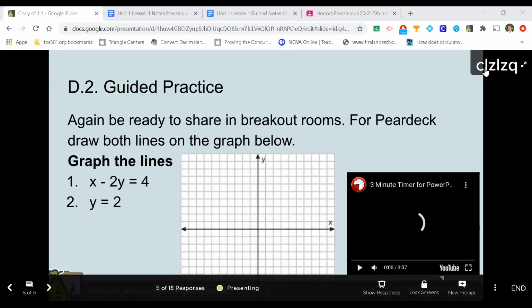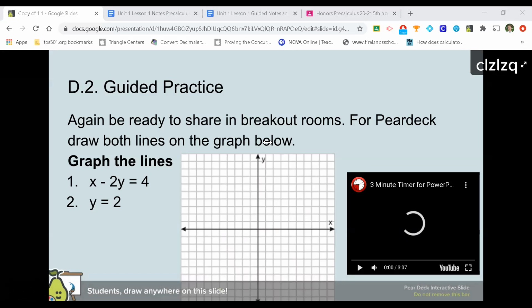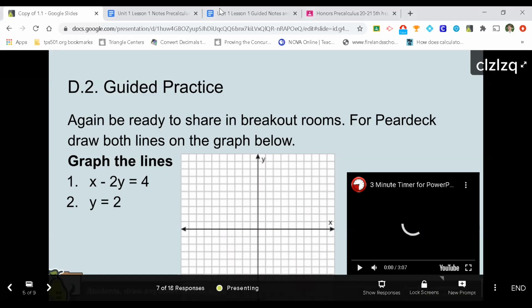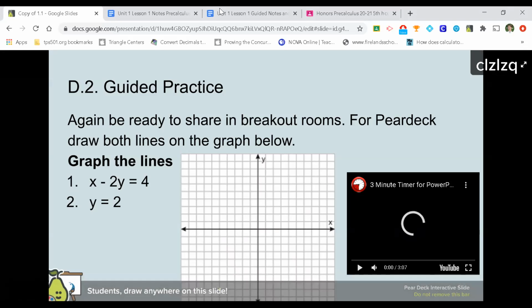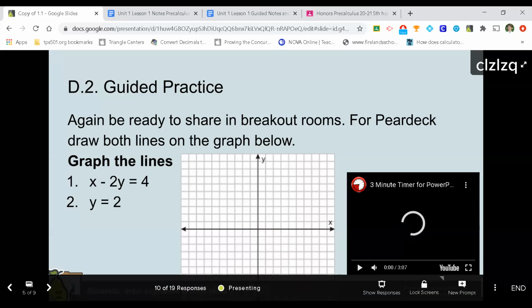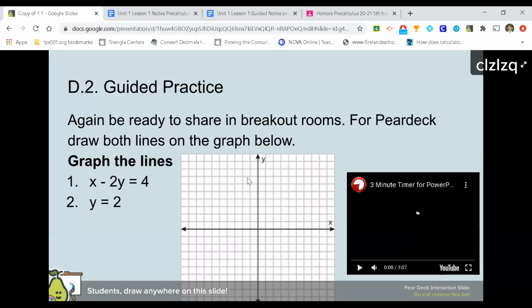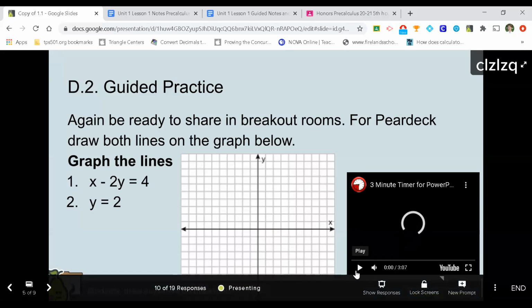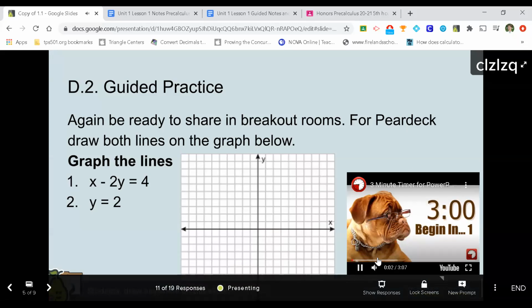So go to joinpd.com, CLZLZQ is the code. Oh, now it'll work. Okay, I'm gonna move this to 2 minutes.